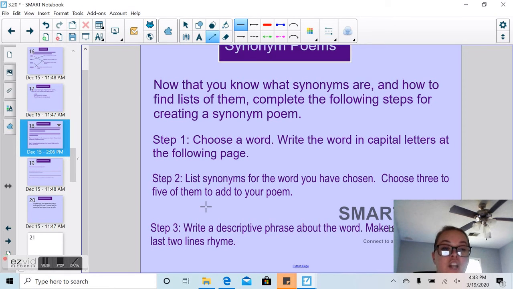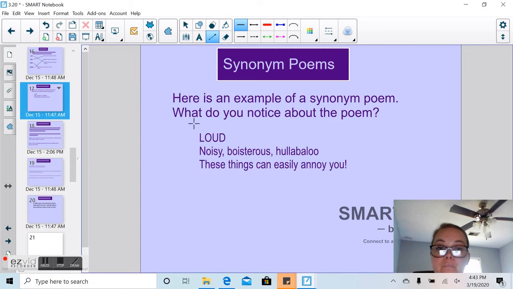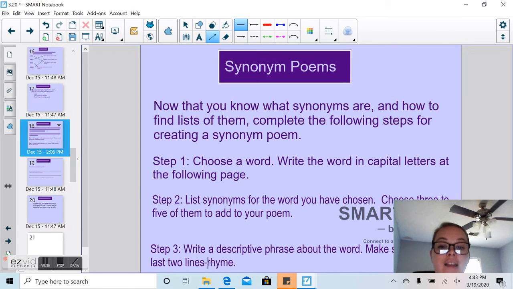We're going to choose 3 to 5 of them, and then we're going to write a descriptive phrase about this word. And if we notice in this poem, what are the last 2 words in each line doing? Hullabaloo and you. They're rhyming. So our last 2 lines need to rhyme.